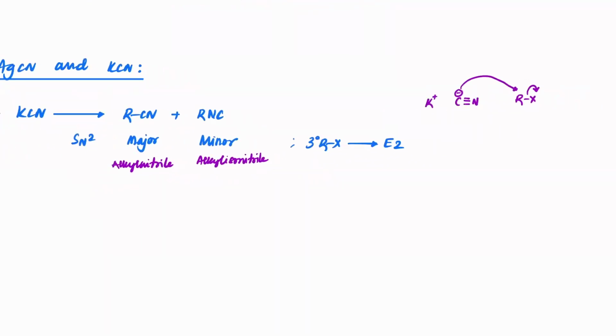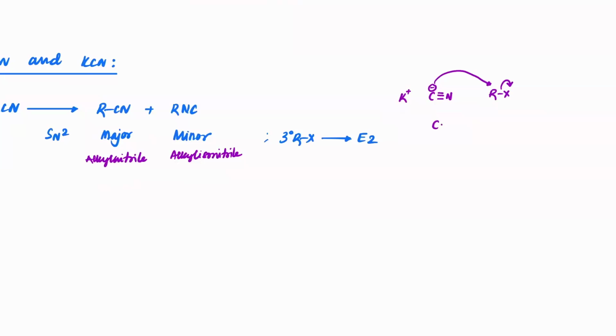From the nitrogen end, the lone pair attacks RX, and X minus will go here. So that will be the minor attack.